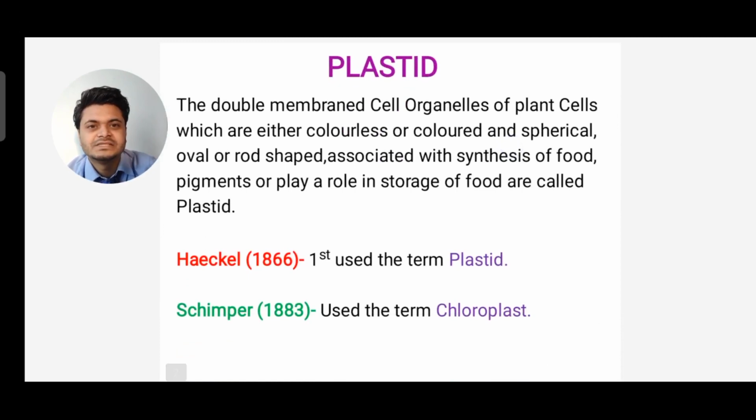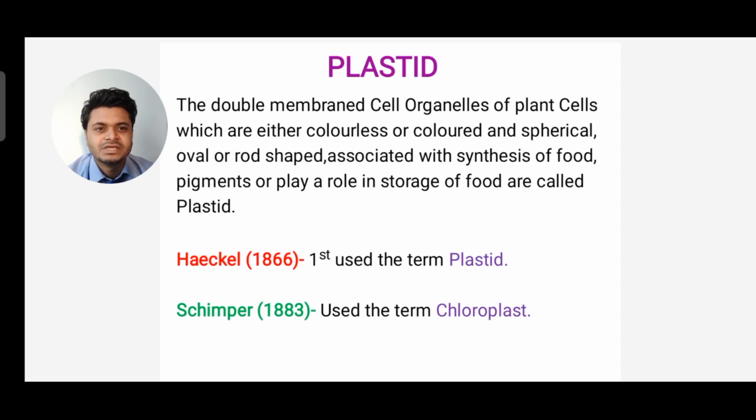Now what is a plastid? See, they are double membrane cell organelles of a plant cell which are either colored or colorless and are spherical, oval or rod shaped, and they are associated with synthesis of food pigments and play a role in the storage of food, called plastids.